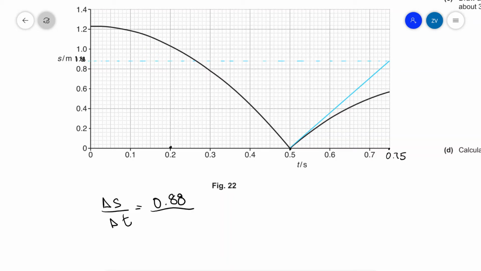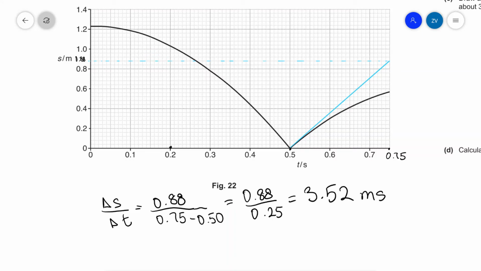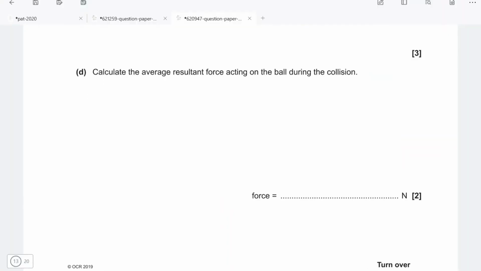And now the time changes from 0.75, take away the initial, which is 0.5, and this means that this is equal to 0.88 divided by 0.25, which is equal to 3.52 meters per second.